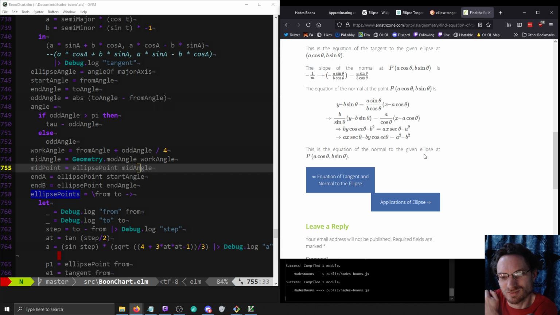But once again, it's just equal. I guess you would take that and solve for y in terms of x, and then just pick an arbitrary x.